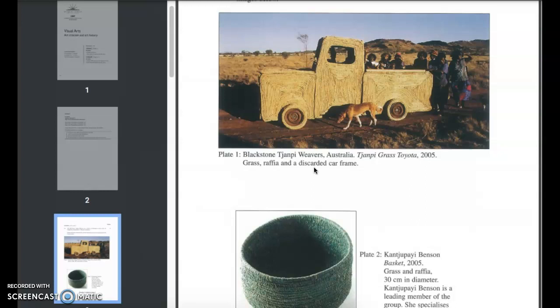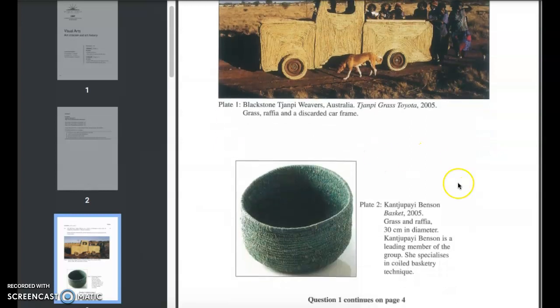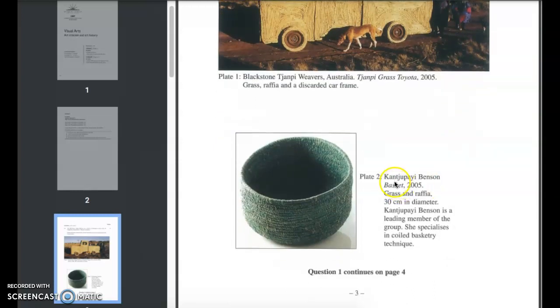Sometimes it will give you size, sometimes it will give you the birth, place, and date of the artist. The point of this information is to give you different puzzle pieces to put together that you can write about in your response.